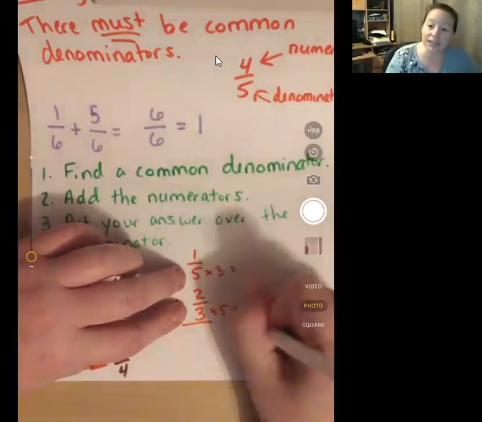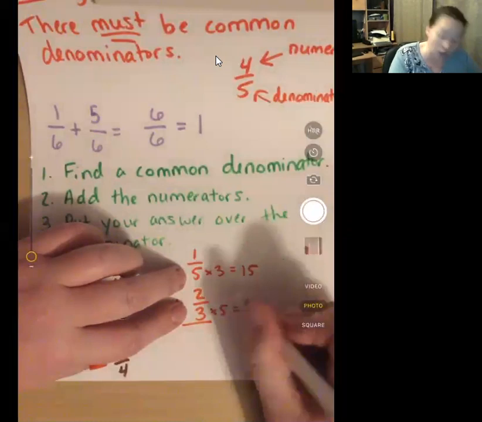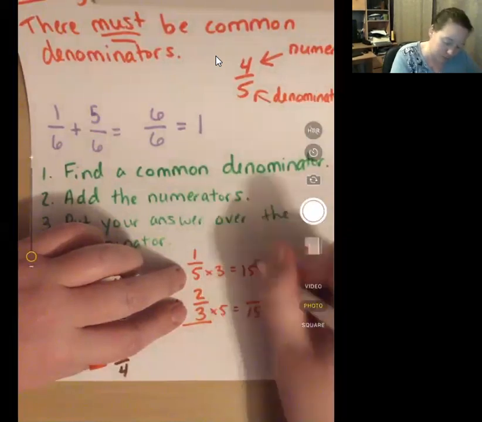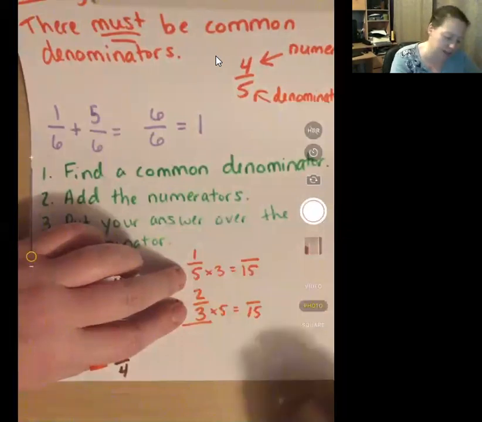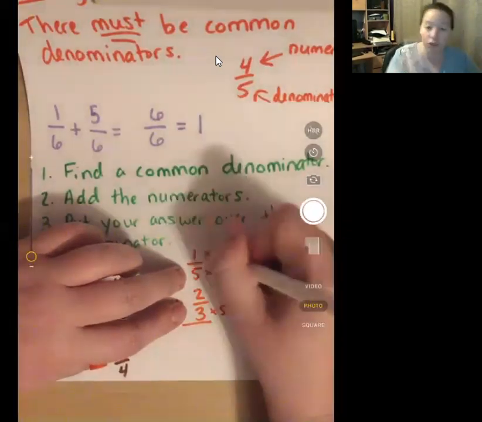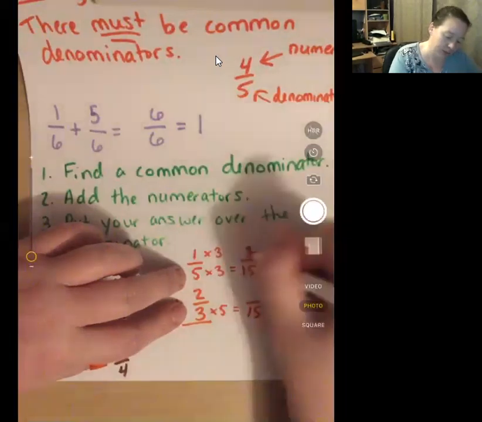5 times 3 is 15. And 3 times 5 is also 15. See how I did that? Whatever you do to the bottom, you have to do to the top. So I multiplied the 5 by 3, I have to multiply the 1 by 3. 1 times 3 is 3.